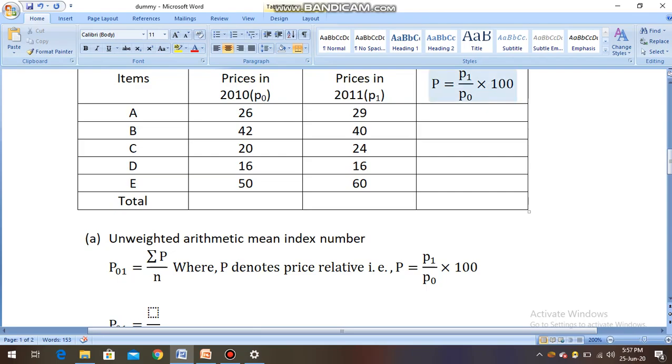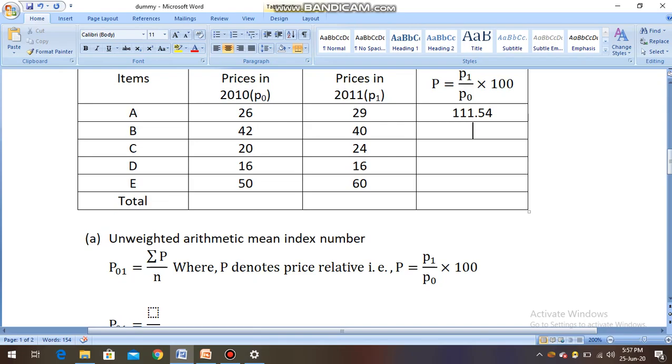So how to calculate P for that? 29 by 26 into 100, which will give you 111.54. I repeat, 29 by 26 into 100. You just have to substitute these values in the given formula. Then for the second value, you can see the value is decreasing.